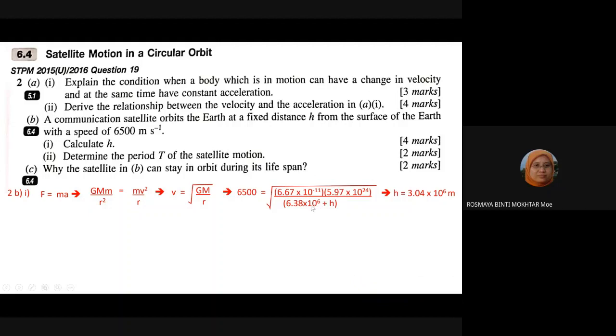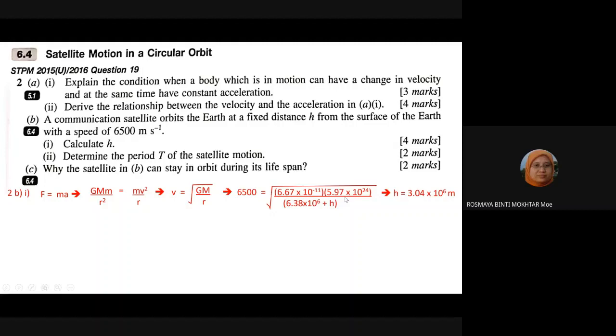Then the radius means h plus the radius of the Earth. The radius of the Earth in the booklet is 6.38 times 10 to the 6, plus h. So don't worry about this not being given. Always refer to the booklet if the constant is not given in the question.